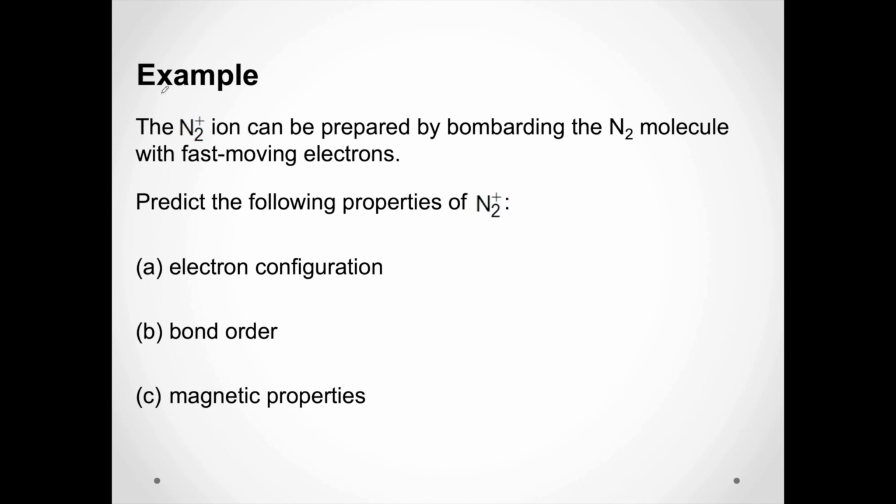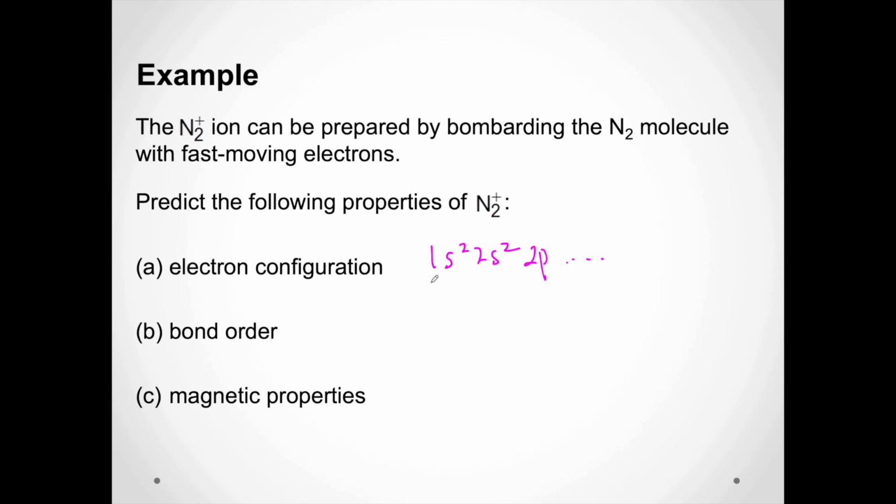This is an example for the N2 plus ion, which can be prepared by bombarding the N2 molecule with fast moving electrons. When you see this kind of question that requires you to write down the electron configuration, the answer is not like 1s2, 2s2, 2p and so on.